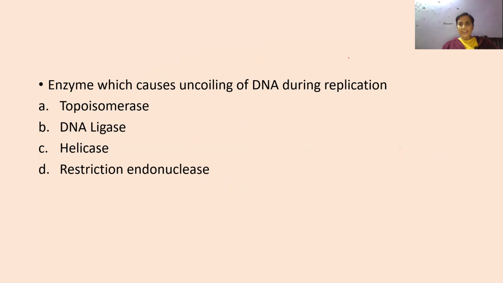Moving on to the next question. I have seen so many students asking me this question so many times. I don't know why there is so much confusion regarding uncoiling of DNA. See, every enzyme has its own function to perform. If we see enzymes which cause uncoiling of DNA, because DNA is double-stranded, we have to see where lies the origin of replication.